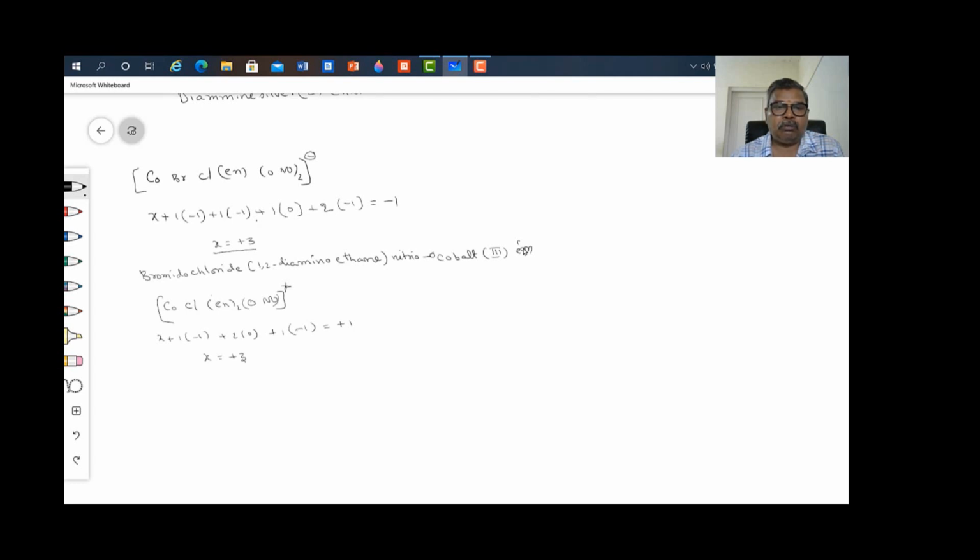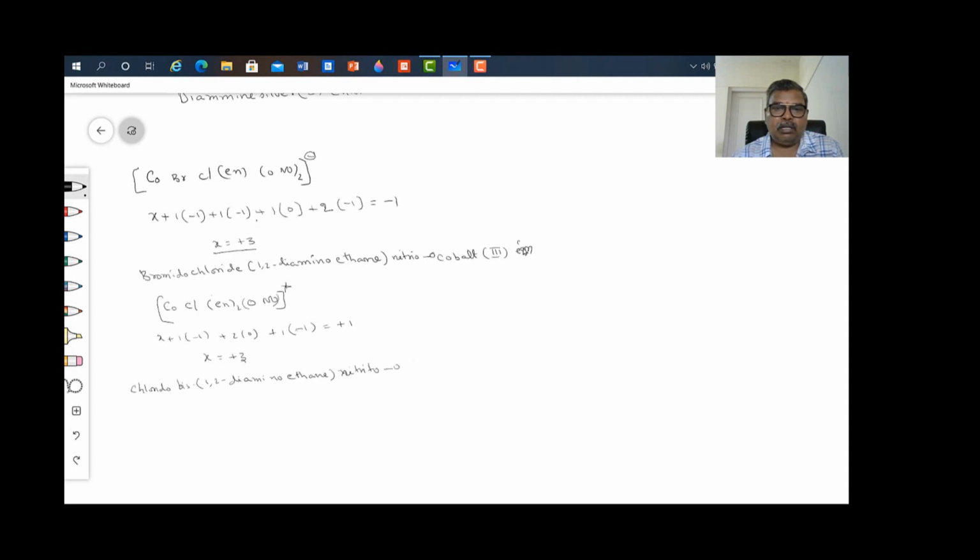Now chloro C, ethylene diamine E, nitrito N. Write down in alphabetical order. Chlorido bis(1,2-diaminoethane) and nitrito-O.